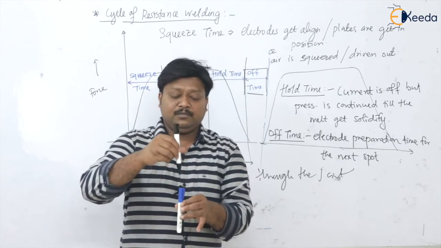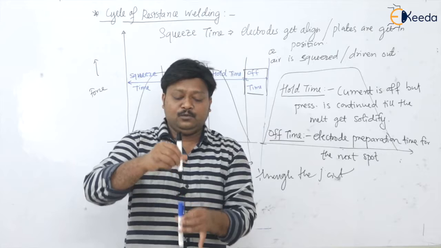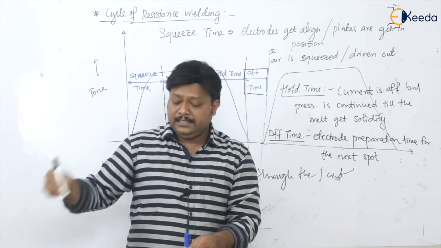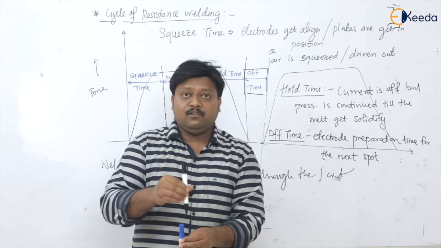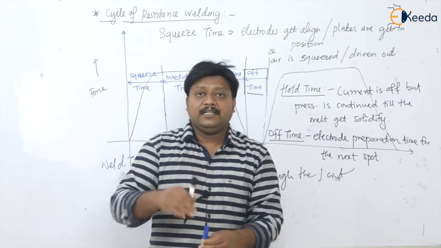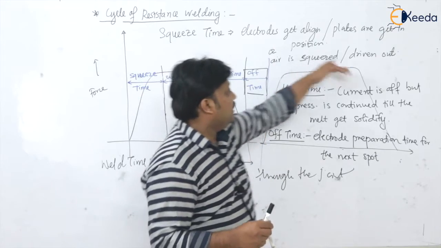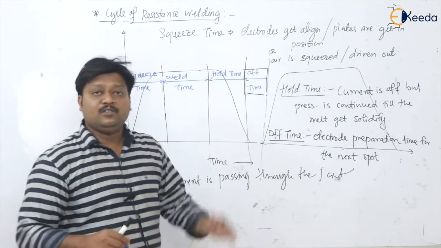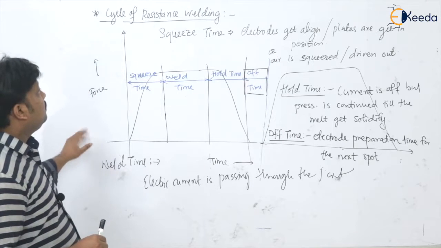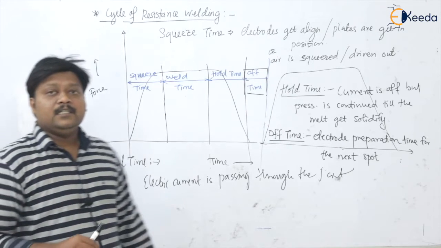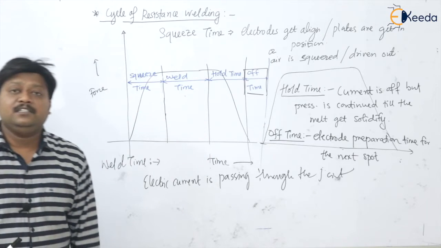After completion of the cycle, during this off time, these two electrodes will move apart. Then the next position will be settled for the next spot, and then again a new cycle of resistance welding will start for the new spot. So this is how we have the cycle for resistance welding.